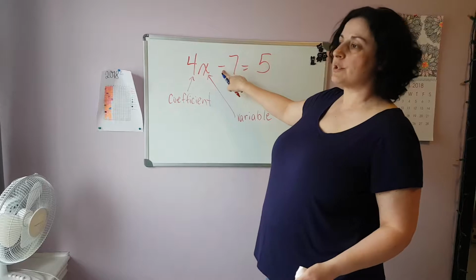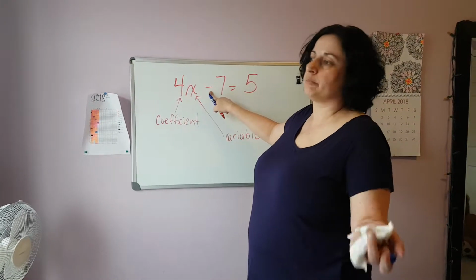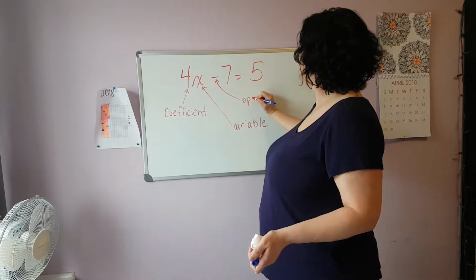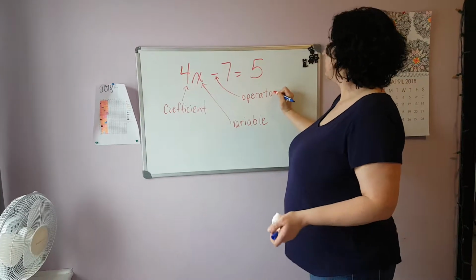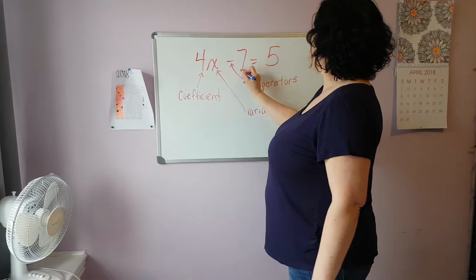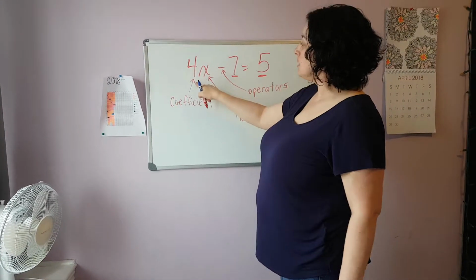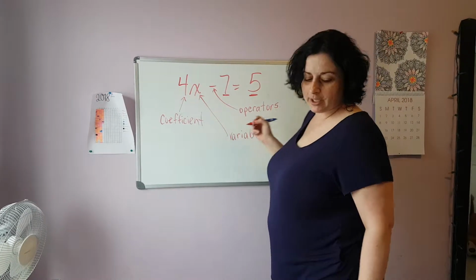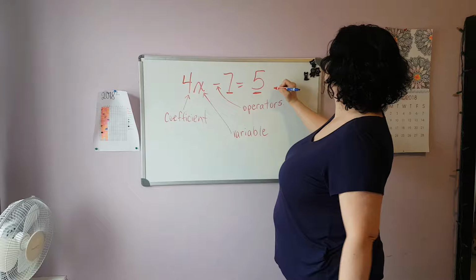Your addition or subtraction or your multiplication signs, whatever, those are called your operators. And one other thing, numbers like that that don't have a variable attached to them, those are called your constants, okay?